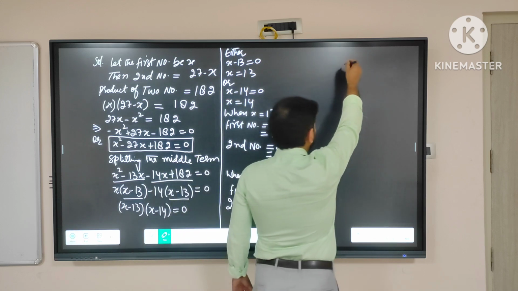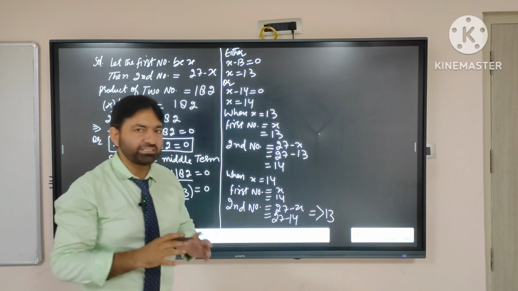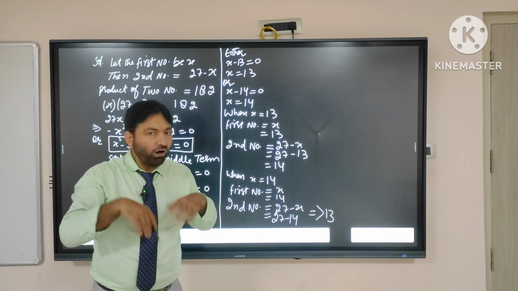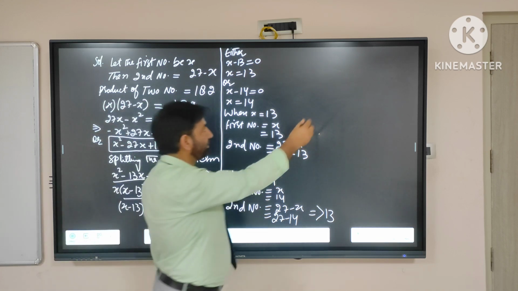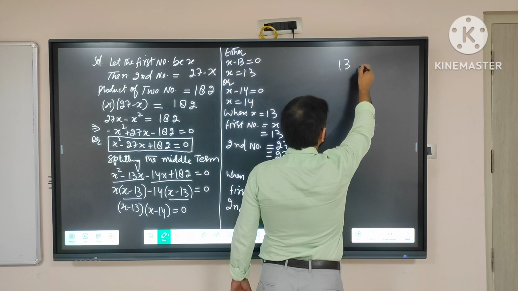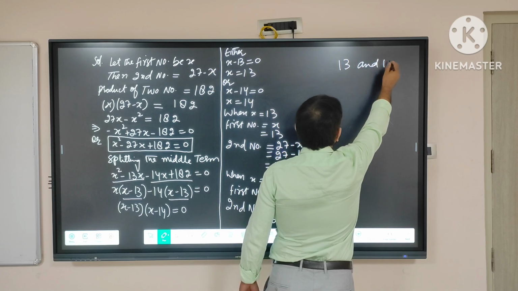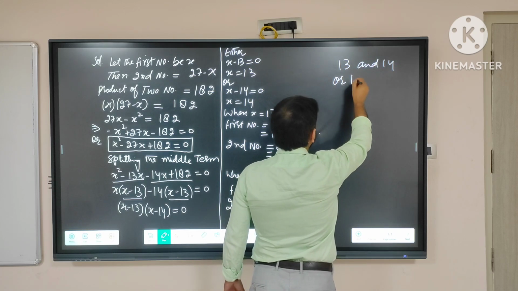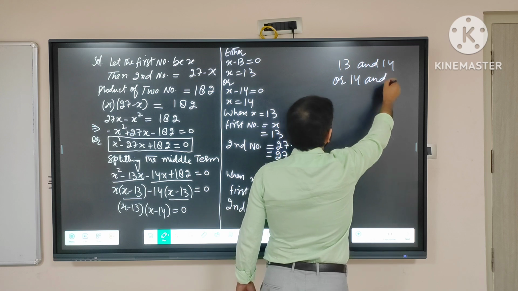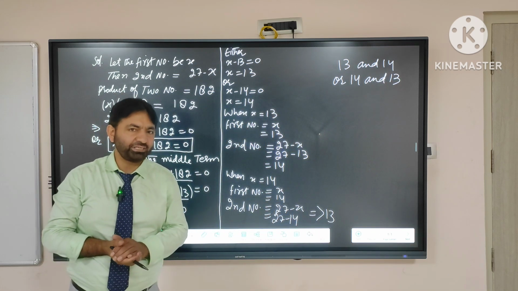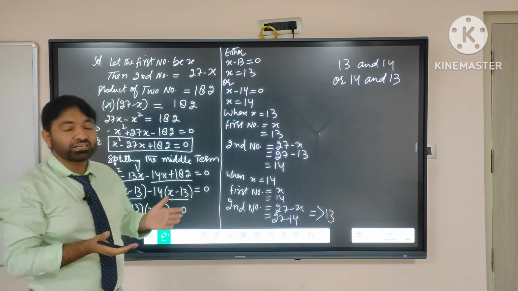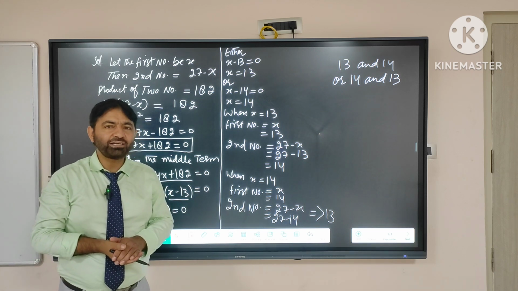So either the first number is 13 and the second is 14, or the first is 14 and the second is 13. So these are the two numbers, 13 and 14, or 14 and 13. Their sum is 27 and their product is 182.